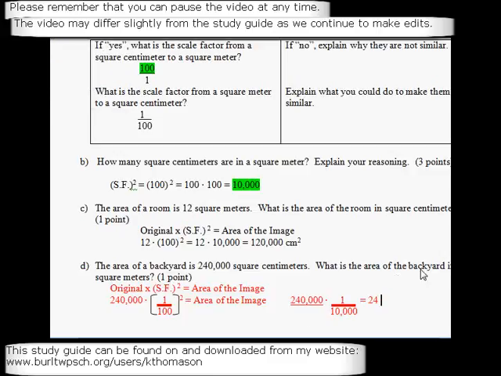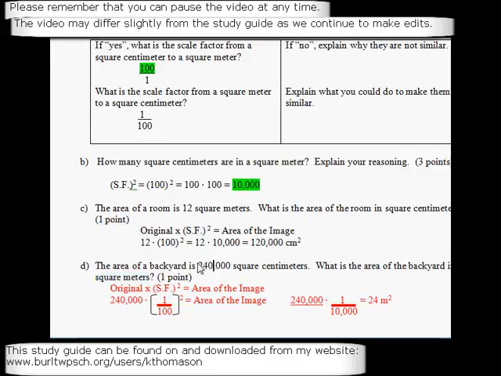It says, what is the area of the backyard in square meters? So you can write square meters if you prefer it like that, or meters squared. Now these are basically the same thing because 240,000 square centimeters is the same thing as 24 square meters. It's just a different way of writing it.